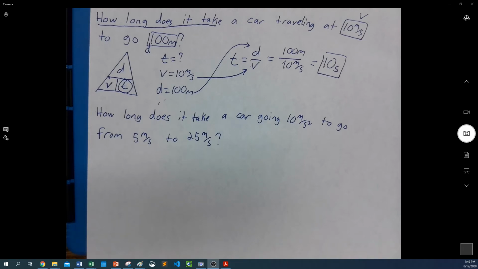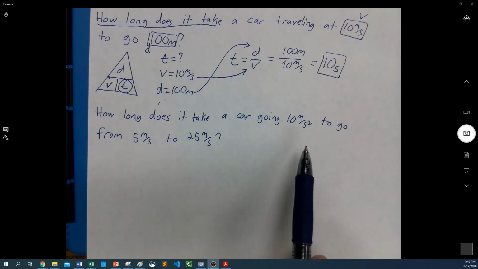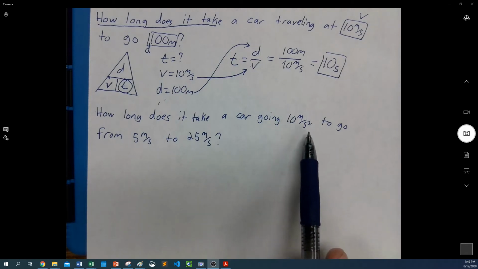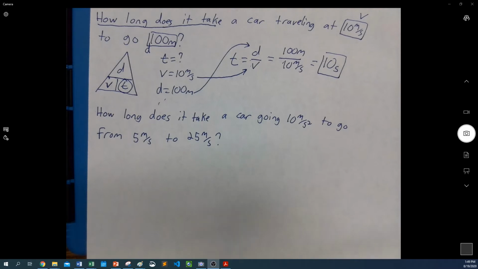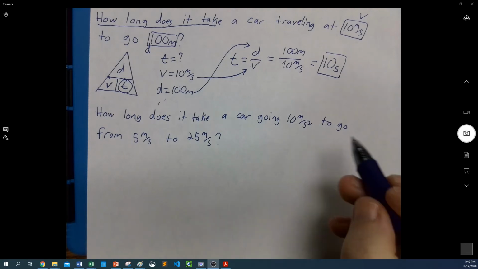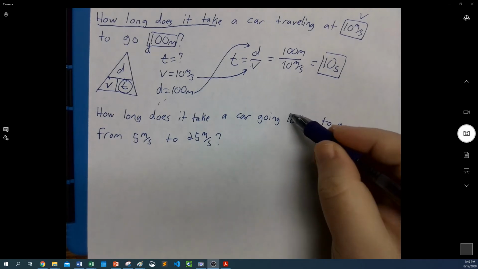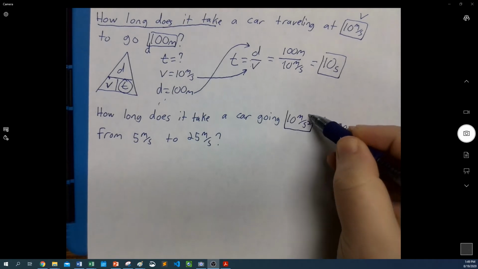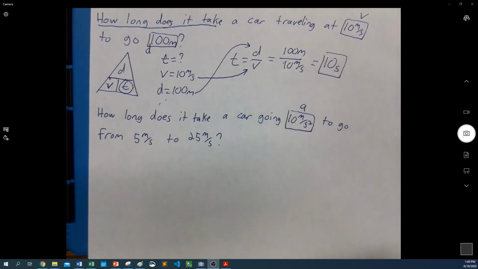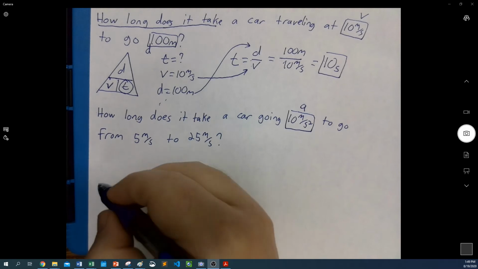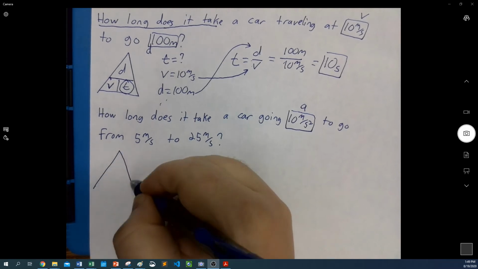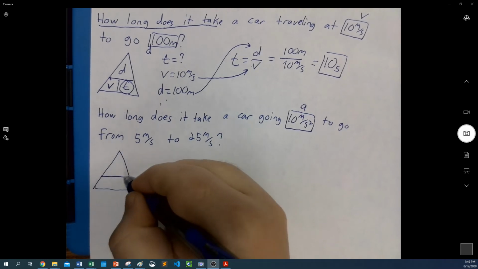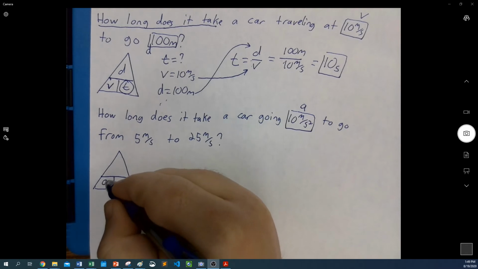So which variable does 10 meters per second squared refer to? It would be your acceleration, because the seconds are being squared. So we know we're dealing with an acceleration problem. So we would use the equation that deals with acceleration.